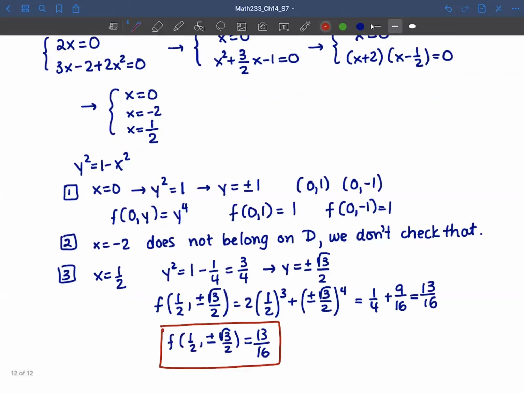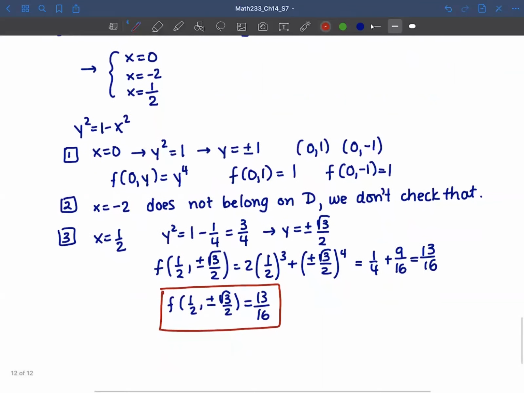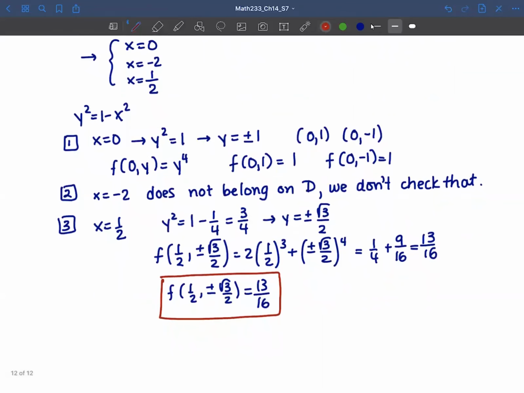So checking all the endpoints that we have here, we have also these two.